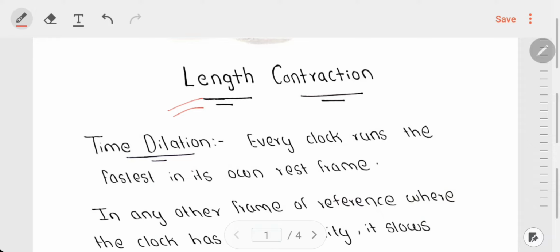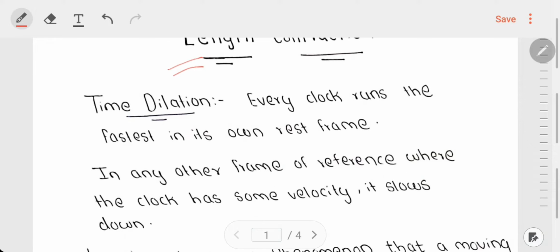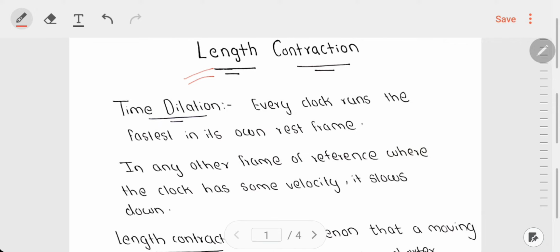Before moving towards length contraction, let us revise a little bit about time dilation, which we covered in the last video. I can summarize time dilation in one statement as follows. Every clock runs the fastest in its own rest frame, which means that if the clock is moving with some relative velocity u with respect to an observer, the observer will see that the clock has slowed down by a certain amount.